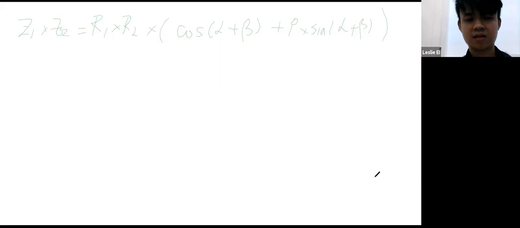For the terms that have I, you factorize the I, leaving sin times cos plus cos times sin, which becomes sin open bracket alpha plus beta. Others?